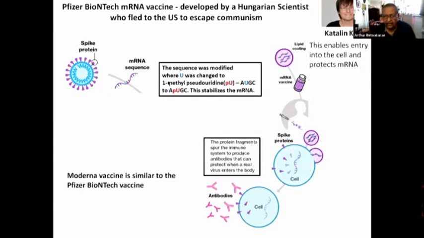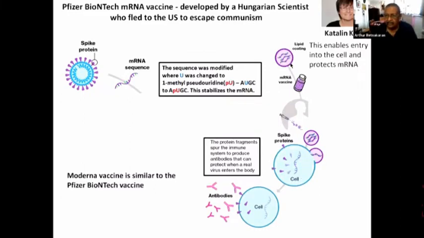Now, the mRNA, which is highly labile, is stabilized by this modified change. And then they pack it in a lipid coating. The reason you pack it in a lipid coating is not only to protect the messenger RNA, but it enables this lipid-packed particle to enter the cell.